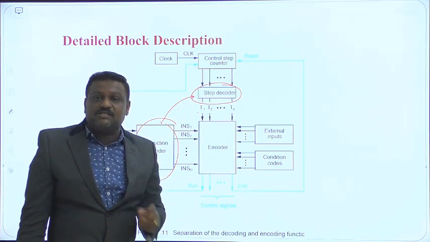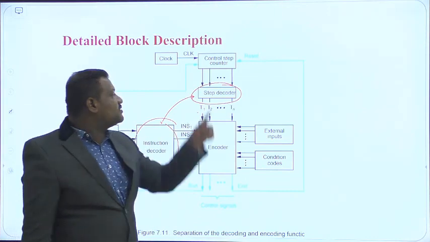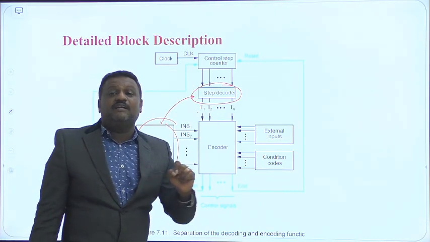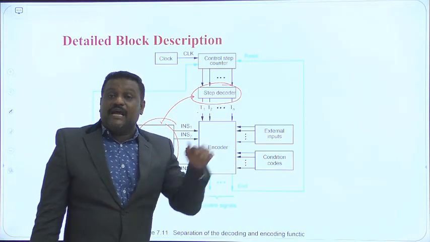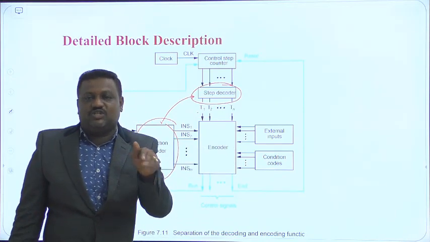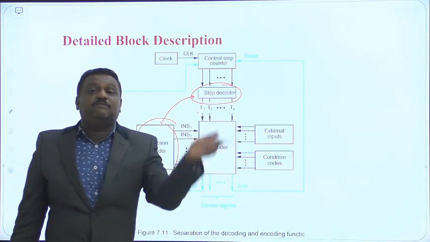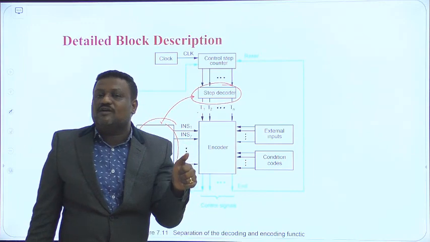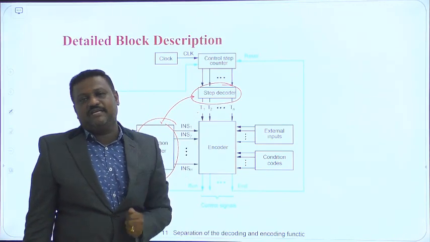So in this process, the generation of these control signals is done with reference to the clock signal. That's why I have different timing instances, T1, T2 and so on, Tn. Just now I told you that at each step of my instruction execution, the tasks I do in that step must finish in a complete clock cycle. That indicates a T1 cycle, a T2 cycle, and so on, Tn cycle.